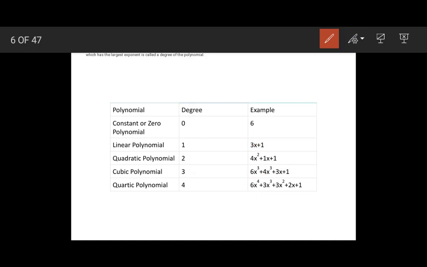In the table, we'll start from the examples. The first example is 6. In 6 there is no variable. If there is no variable, that means the exponent is 0, so it is like 6x raised to 0.